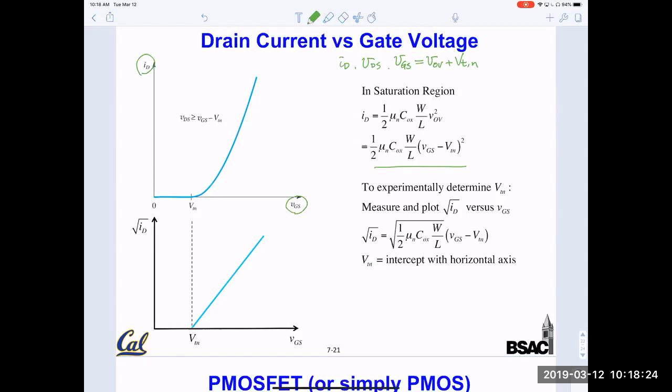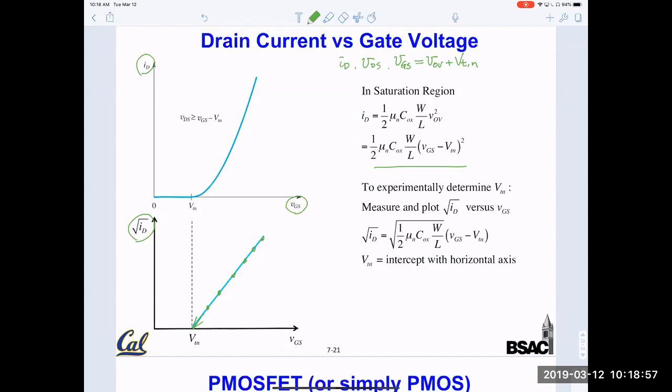This quadratic curve, if you take a square root of both sides, then if you plot instead of ID, the square root of ID, and you vary the gate voltage, it becomes a straight line. And experimentally, you can plot this from your measured current, take a square root, and then extrapolate, okay, extrapolate where the zero intercept is the threshold voltage.